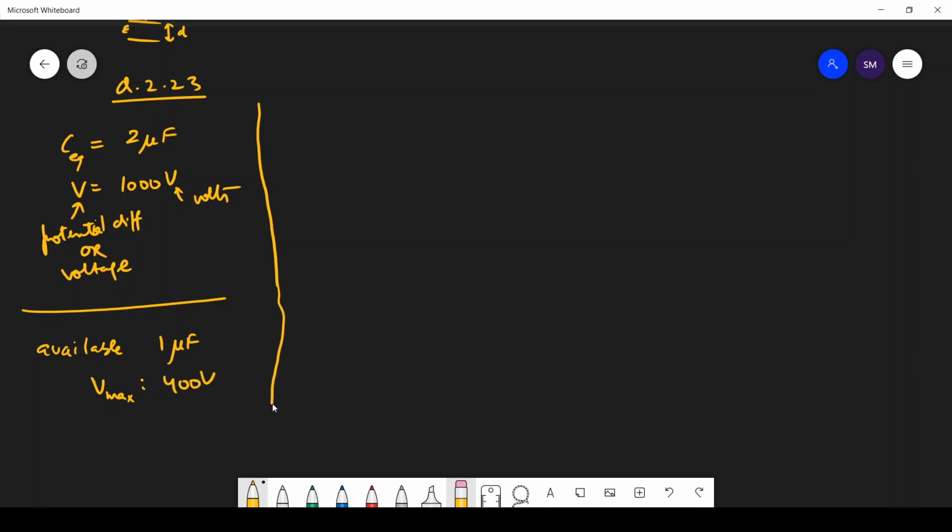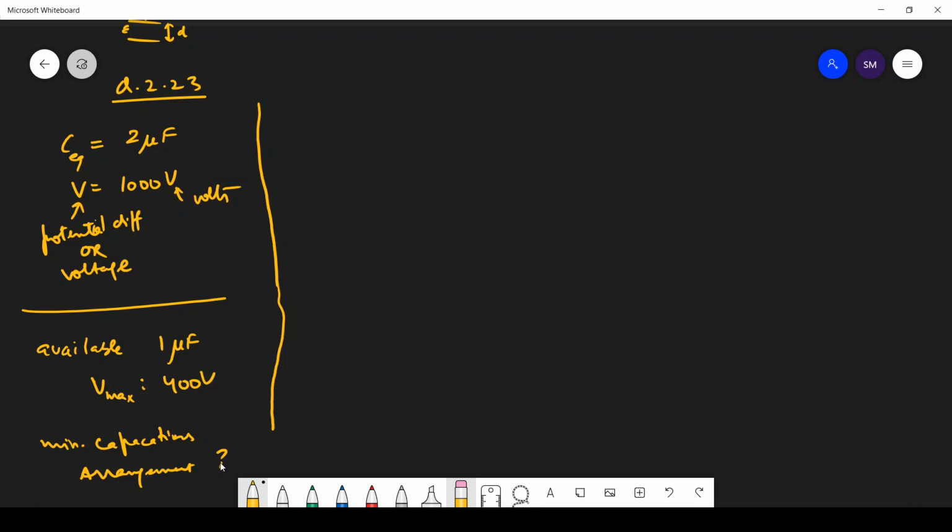So give them a voltage less than 400 volts. You need to tell what is the possible arrangement with the minimum number of capacitors. With the minimum capacitors, what is the arrangement? This is what you need to tell.